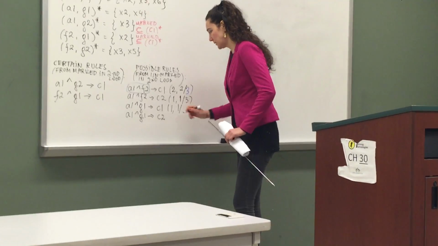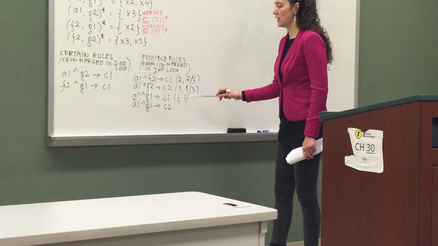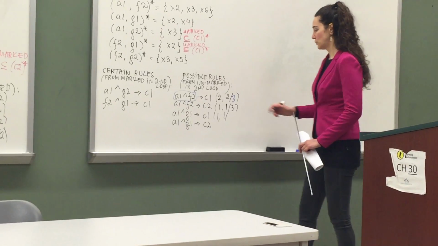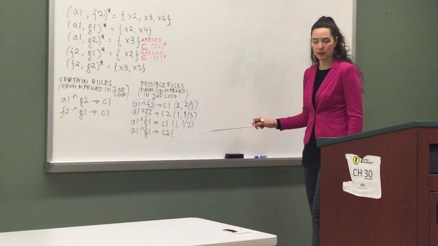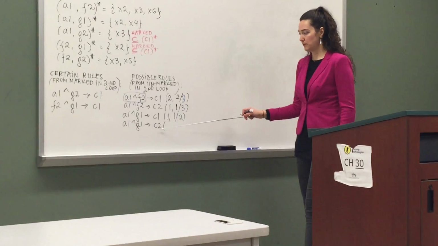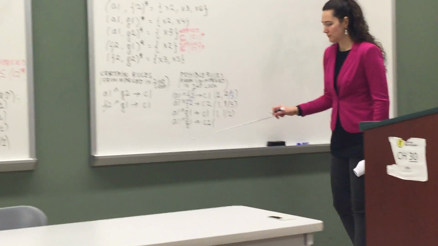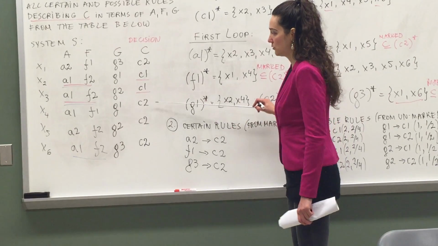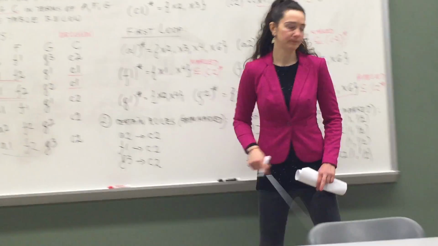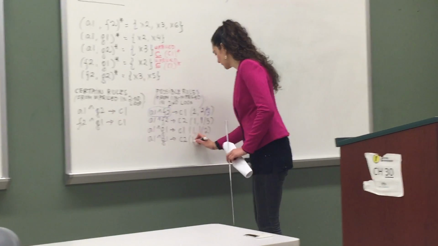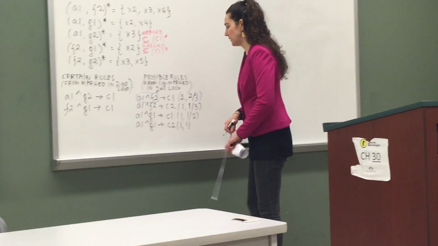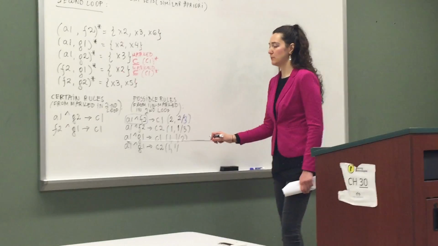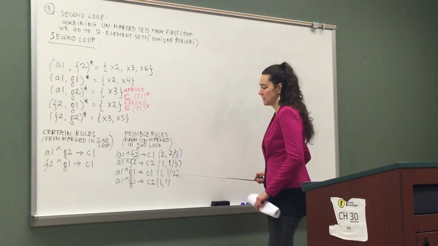And the confidence is 1 divided by the set on the left side, which is A1 and G1, 2. And next, A1, G1 implies C2. What is the support of that? A1, G1, C2, only once. Confidence is 1 divided by 2.